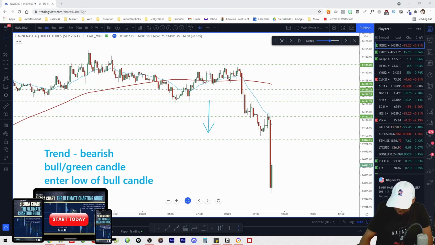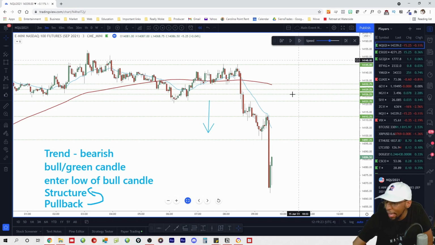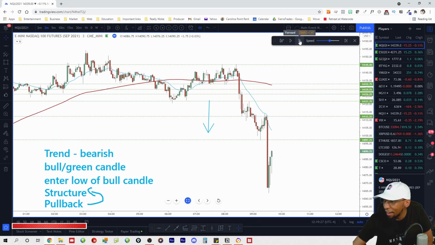We're also looking for pullback. We're looking for pullback into the structure. All right, so let's keep moving forward. Now that technically is pullback, but we're not at structure, so we still don't have a trade yet.